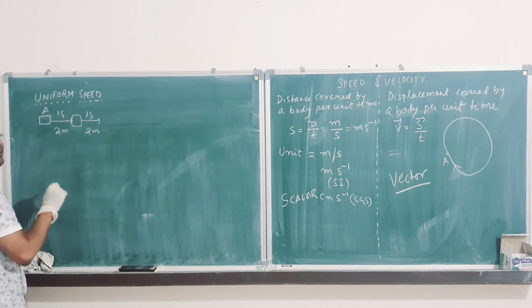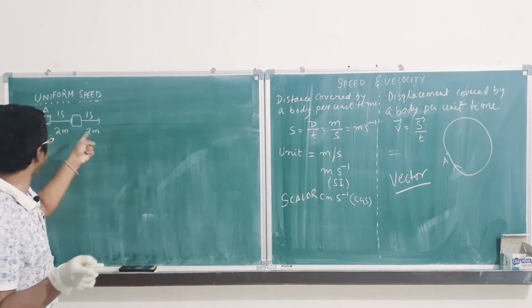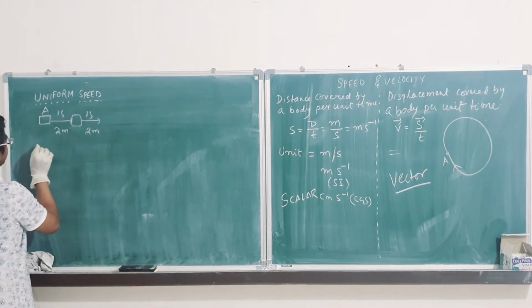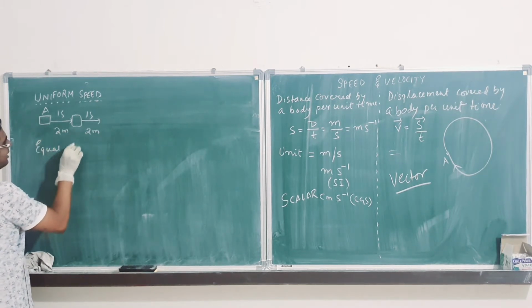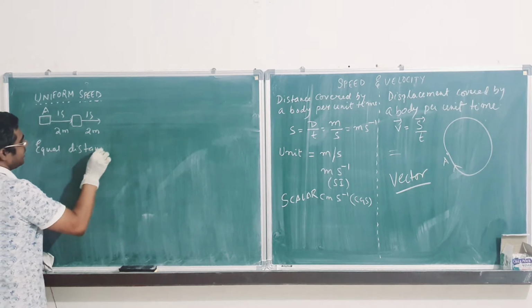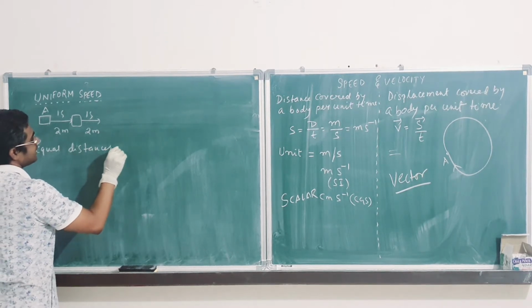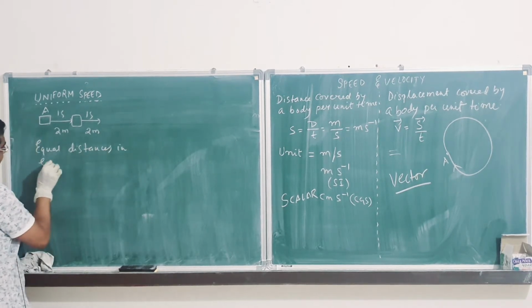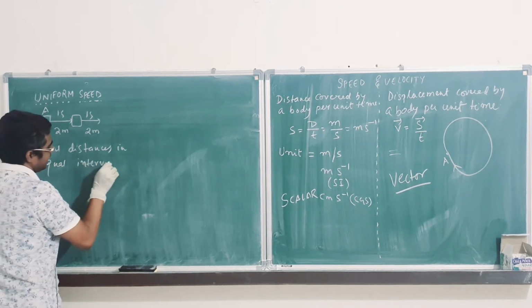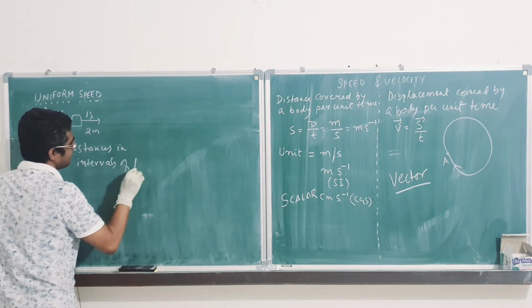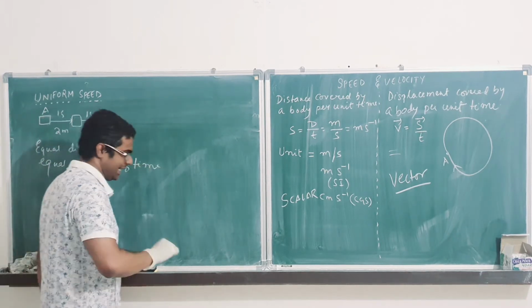That is called uniform speed. So uniform speed means equal distances in equal intervals of time. Clear guys?